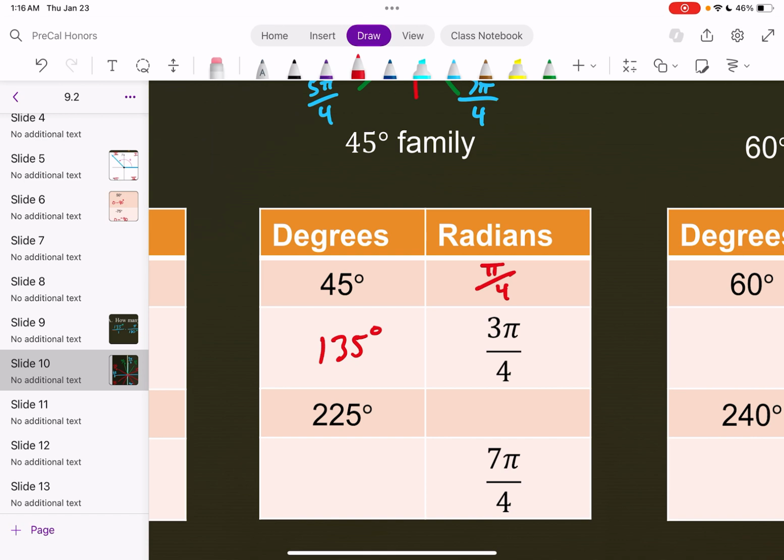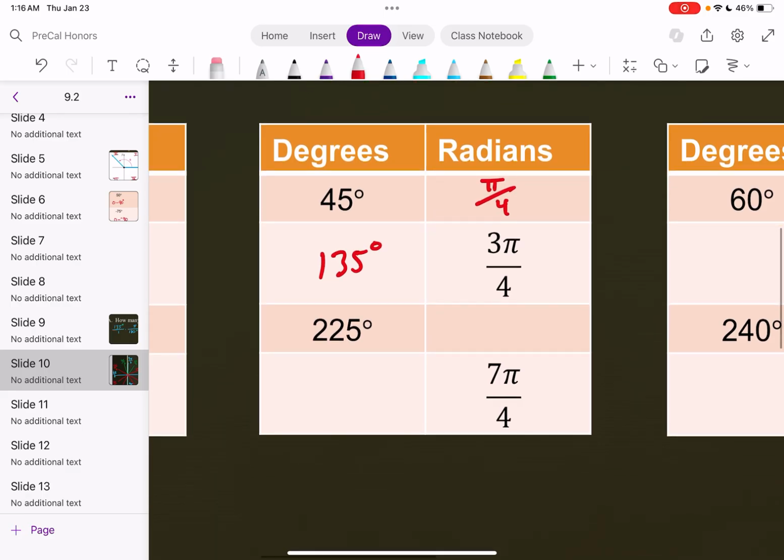We then look at 225. Notice 225 would be past that 180, but before 270, which would be 5 pi over 4. And 7 pi over 4 would be the same as 315 degrees.